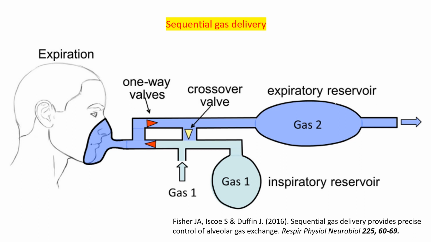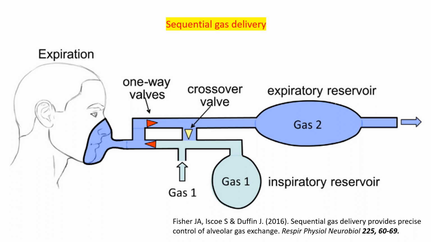Now, as shown, a patient breathes normally through a mask connected to the breathing circuit. One-way valves, shown as red, ensure that inspired air comes from the inspiratory reservoir and expiratory air goes to the expiratory reservoir. And the crossover valve, shown in yellow, which has a slightly higher opening pressure than the one-way valves in red, only opens when the inspiratory reservoir is empty.